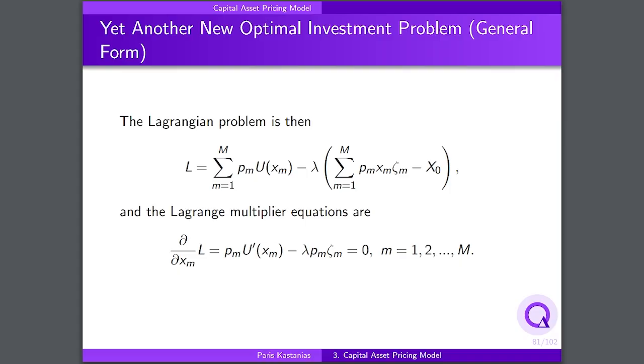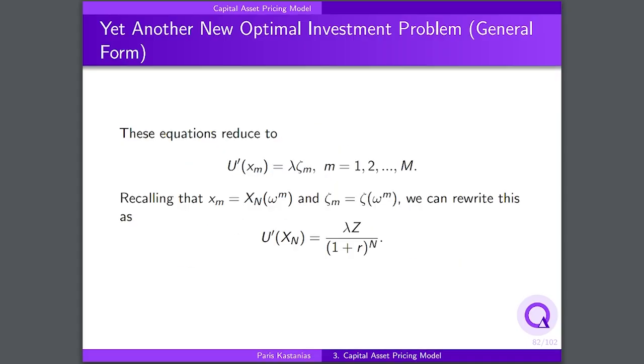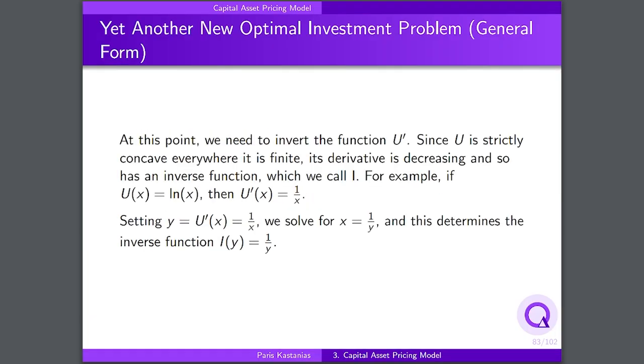In general, these equations reduce to the derivative of u of xm is equal to lambda times zeta m. Calling that xm is equal to this thing and zeta m is equal to this thing, we can rewrite this as u dash of xn equals lambda Z divided by 1 plus r to the n.